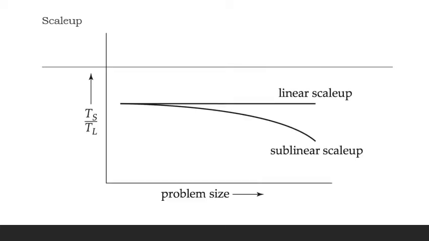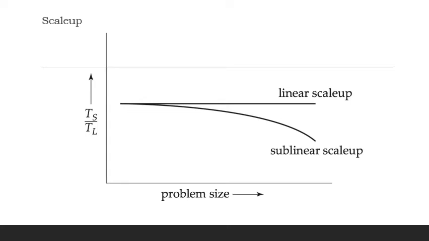Scale up relates to the ability to process larger tasks in the same amount of time by providing more resources. Let Q be a task and let Qn be a task that is n times bigger than Q. Suppose that the execution time of task Q on a given machine MS is TS and the execution time of task Qn on a parallel machine ML, which is n times larger than MS, is TL.